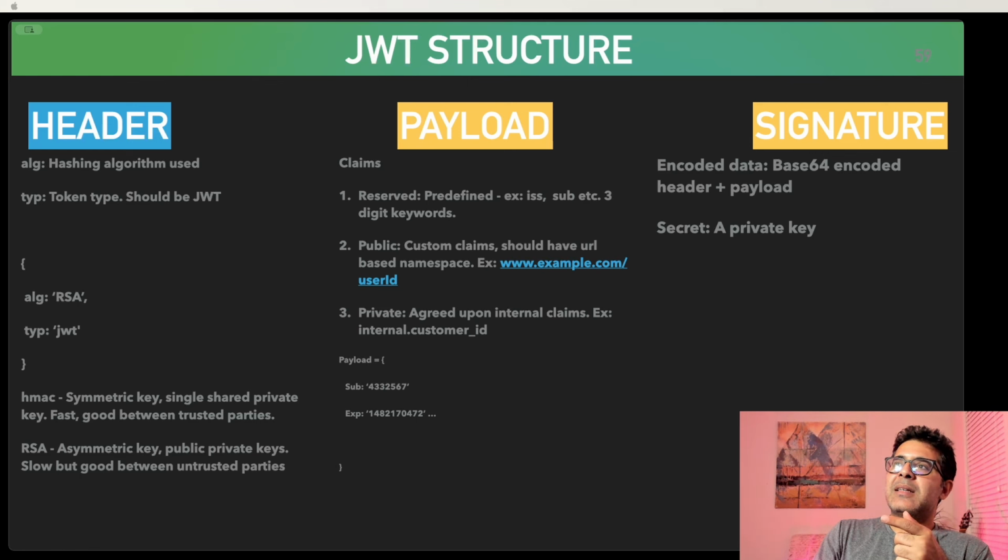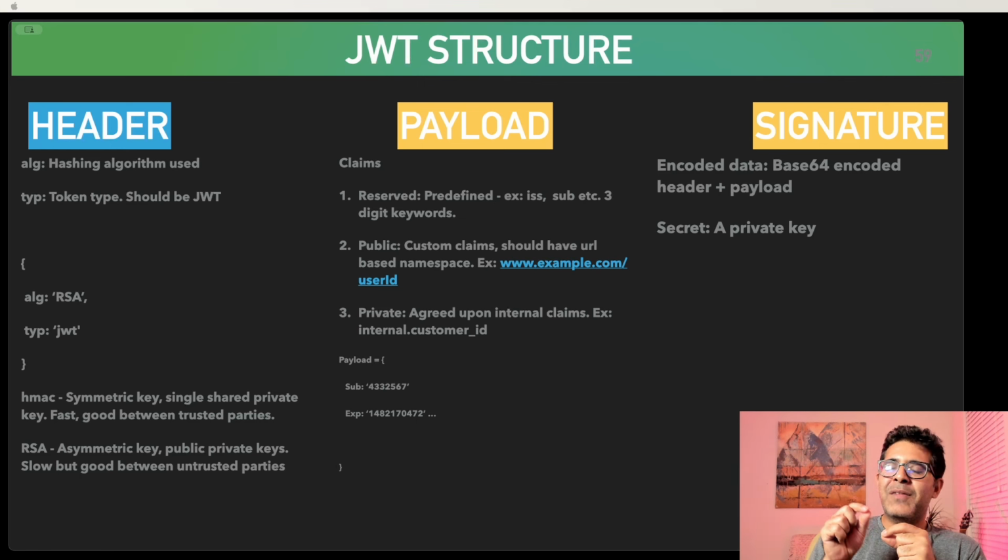The second is the payload, and what goes in the payload is simply JSON key-value pairs. They like to call them claims, and there are three types of claims. One is called reserved, second is public, and the third is private. So what goes in reserved?